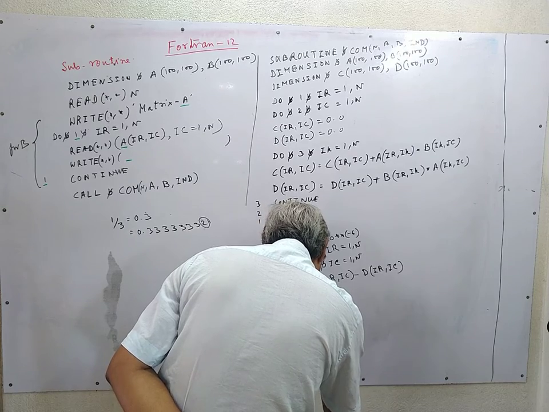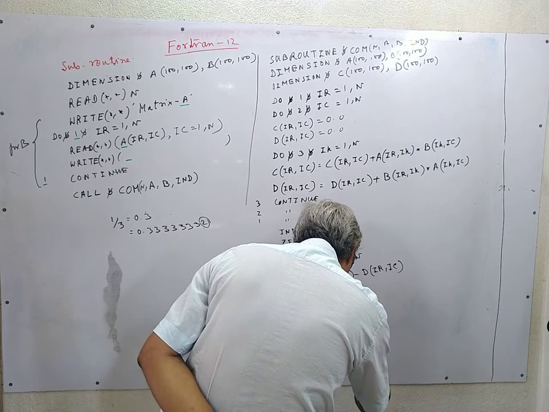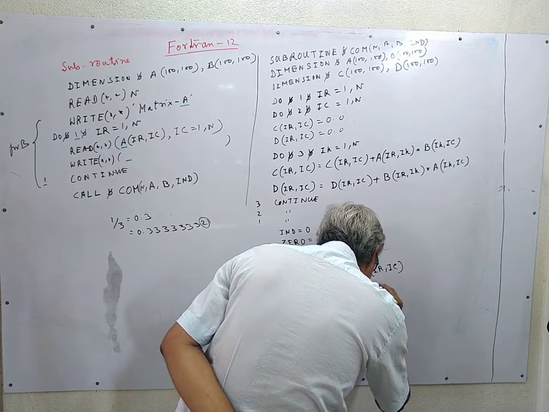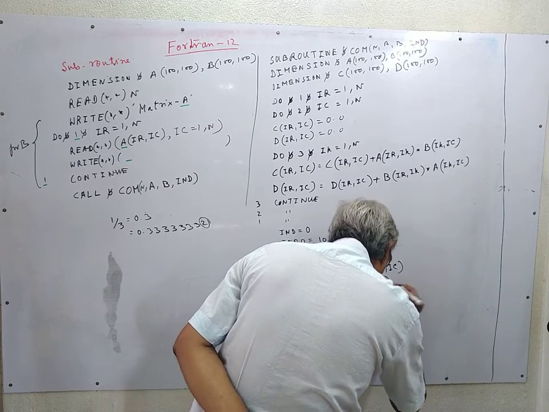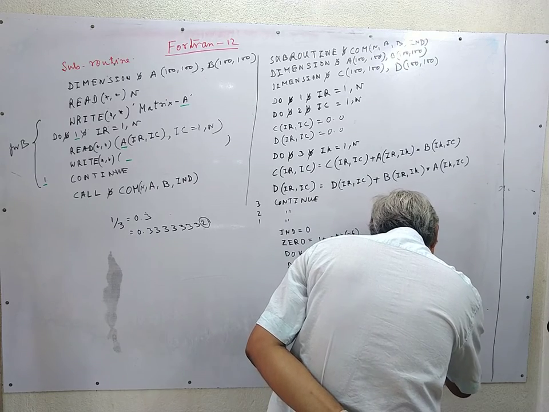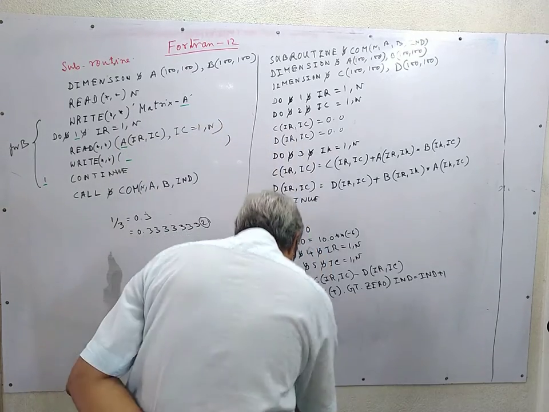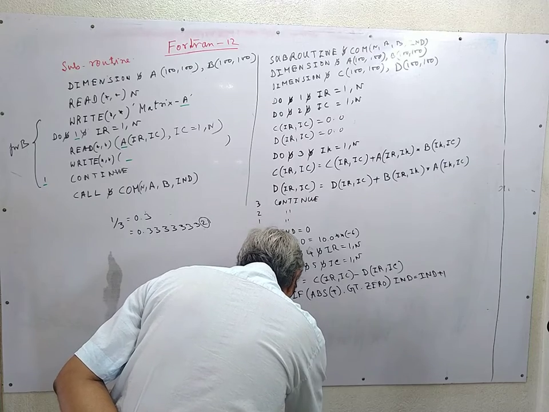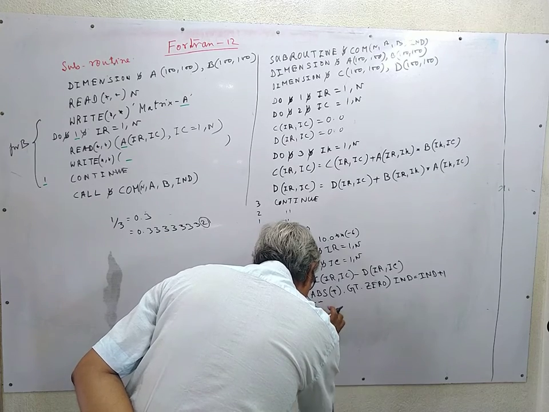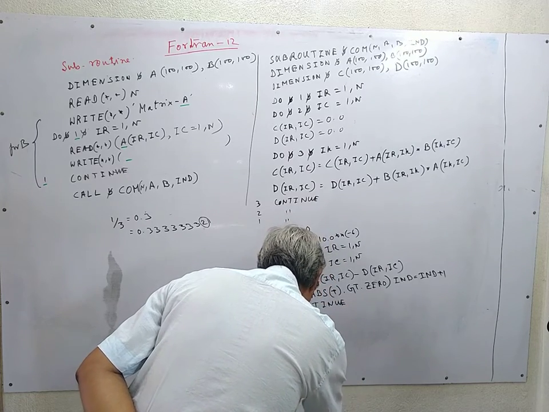If ABS of T is greater than 0, we redefine index as IND is equal to IND plus 1, and then the 2 loops are completed. 5, then 4. Continue. Then return it.